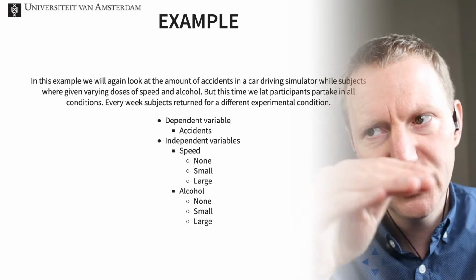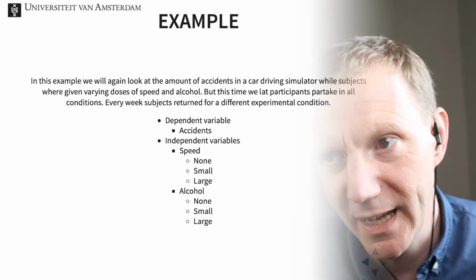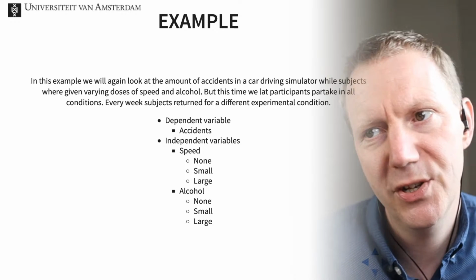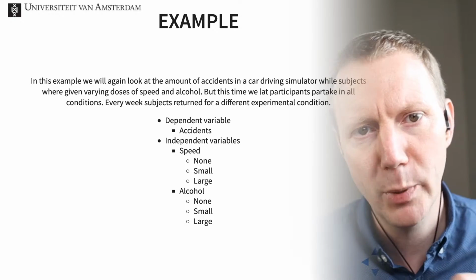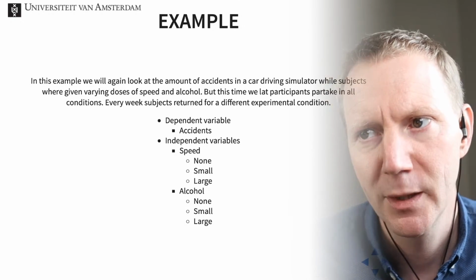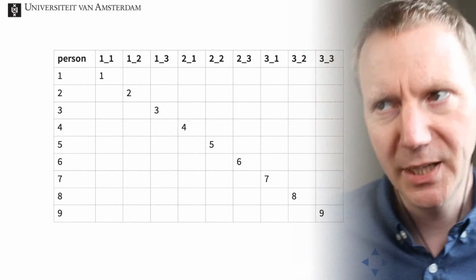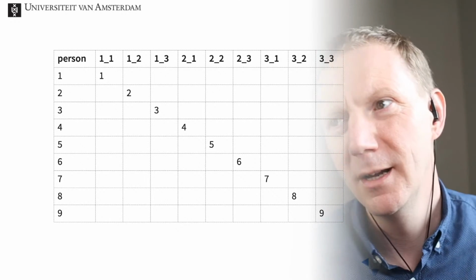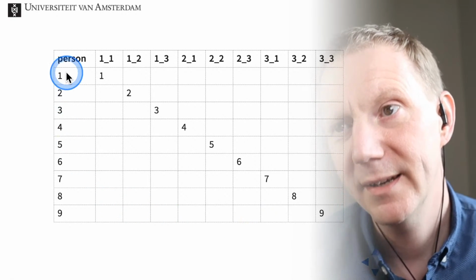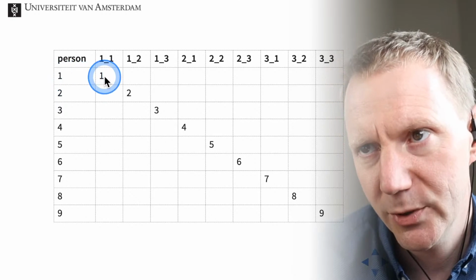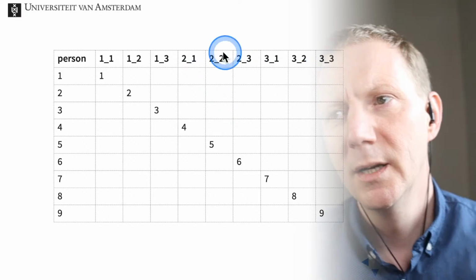Now you have one person that has to go through all. So you have to be in a condition where there's no speed and no alcohol, then the condition where there's no speed and a little bit of alcohol, and a lot of alcohol. All the permutations of these, individuals will have to go through. This is a simple representation of all the conditions. There are 9, and an individual person goes to the first one, the second one, the third, etc.